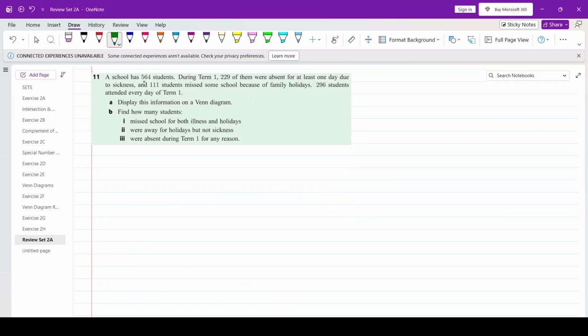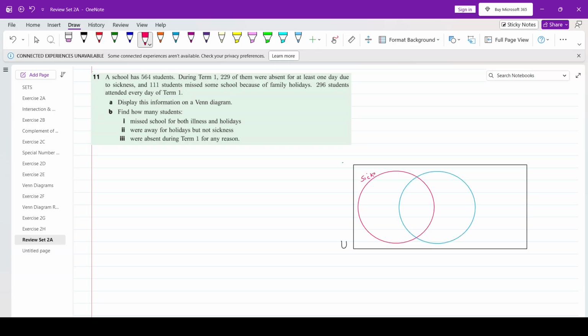A school has 564 students. During term 1, 229 of them were absent for at least one day due to sickness, and 111 students missed some school because of family holidays. 296 students attended every day of term 1.